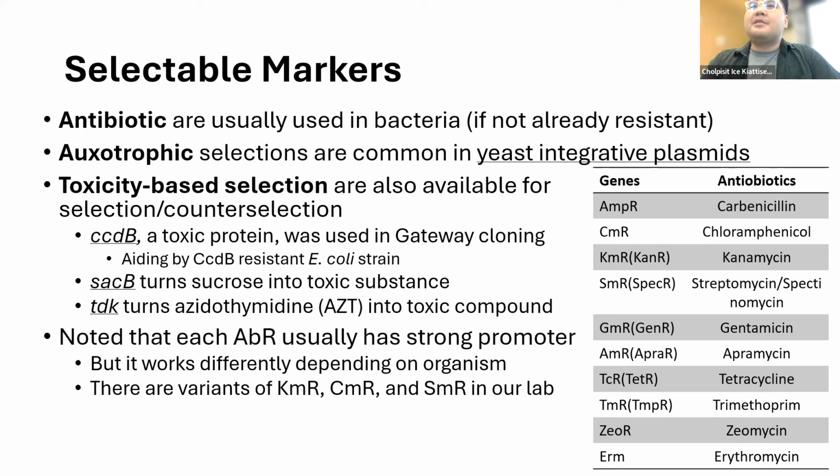But these bacteria or yeast or other organisms sometimes have all the capabilities to make these amino acids. But if you delete some of those genes, you can make those organisms auxotrophic, so that they have to grow only if you supply these nutrients. That was one of the strategies where you can reintroduce or select these organisms using this kind of extra auxotrophy. The other strategy is maybe using toxicity-based selection.